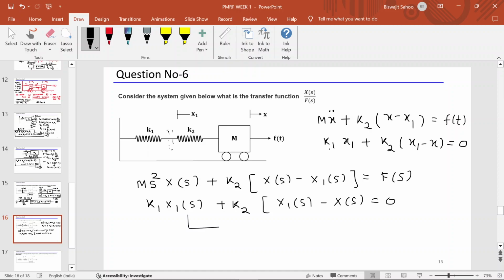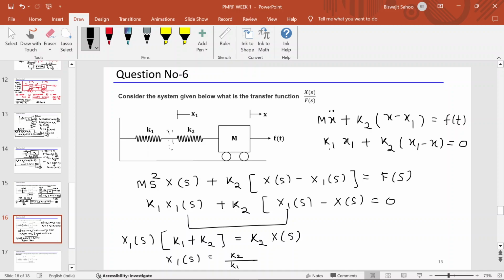In the second equation I'm taking X1 of s common, so it will be (k1 plus k2) X1 of s, and k2 times X of s goes to the right hand side. From this you find X1 is k2 divided by (k1 plus k2) into X of s.